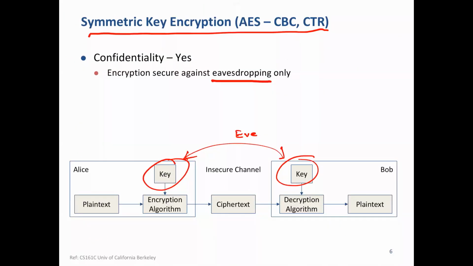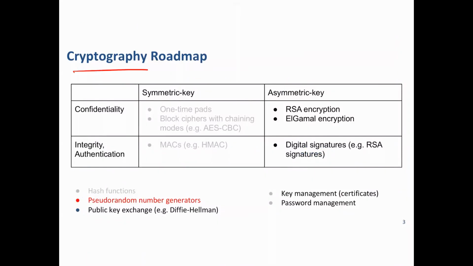Okay. All right, so this is where we are in cryptography roadmap. So we have completed one-time pad, block ciphers, like symmetric ciphers like ECB, CBC, CTR, etc. Then that was for confidentiality. For integrity and authentication, we have studied MACs, and of course before that we have studied hash functions.